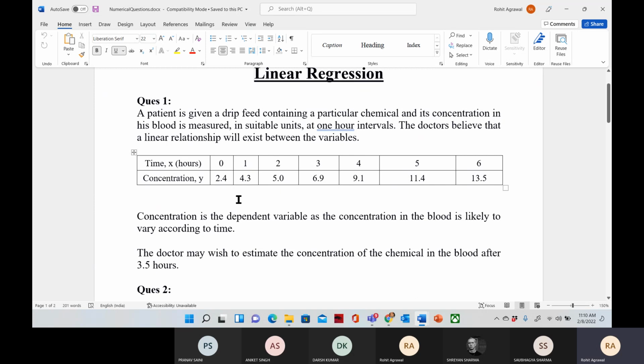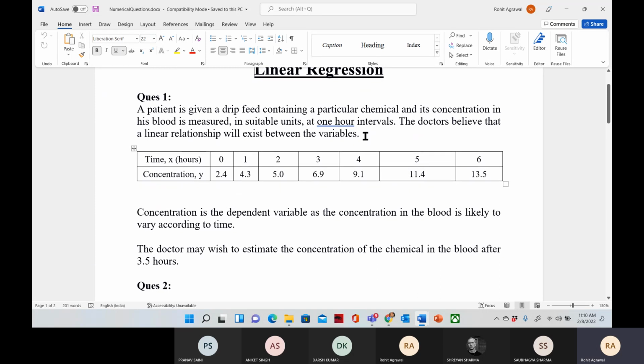So we are assuming, as given in the question, that a linear relationship will exist. So if our data is such that it follows a linear relationship, then this regression is called linear regression. Clear? Is it clear? Yes, sir.